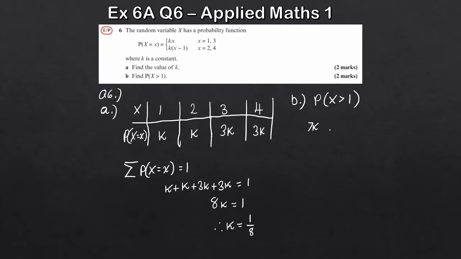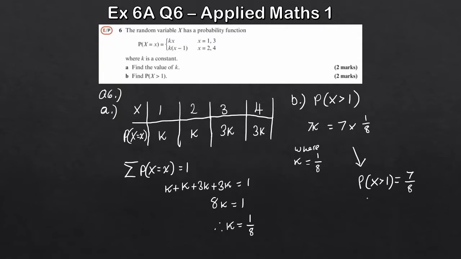So this is just 7 times 1/8, where k is this value here, 1/8. So the probability that x is greater than 1 is 7/8.